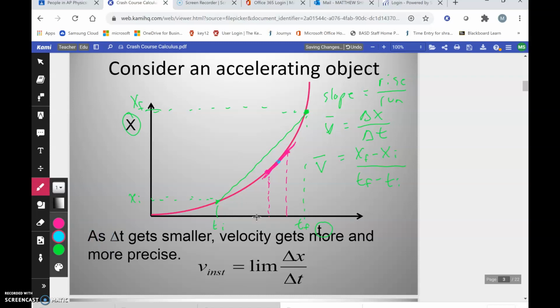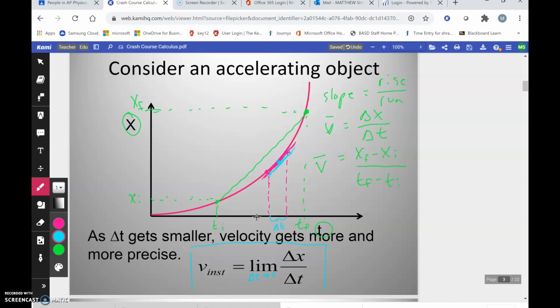Here you'll see an equation on the bottom that talks about limits, the limit as delta t approaches 0. So as these 2 positions in space and time get closer and closer together, our slope gets more and more exact to the slope of the line at that one point on the graph.